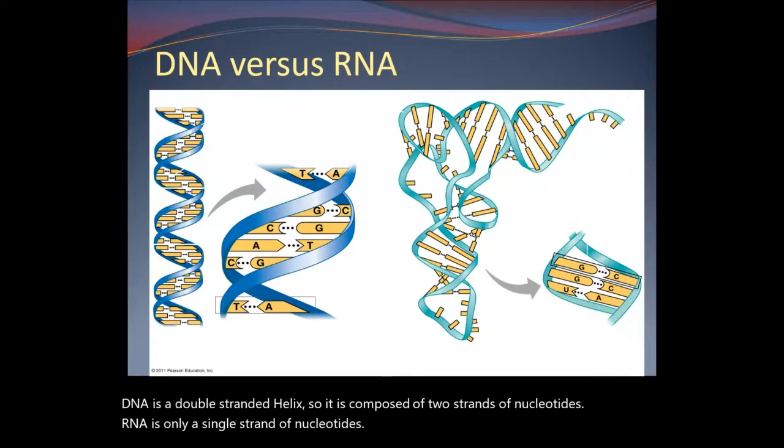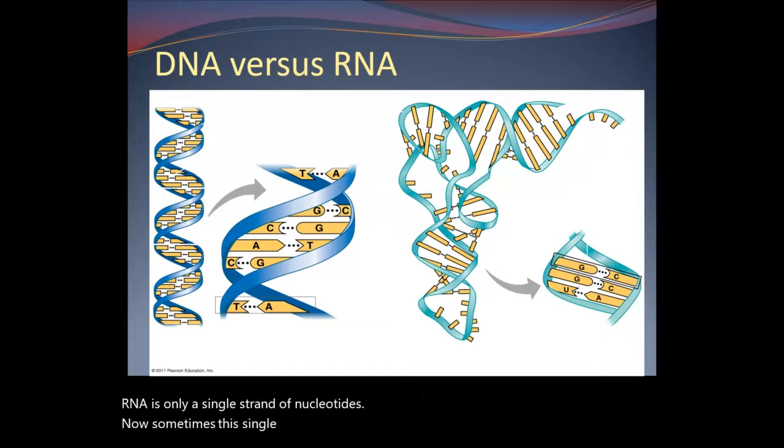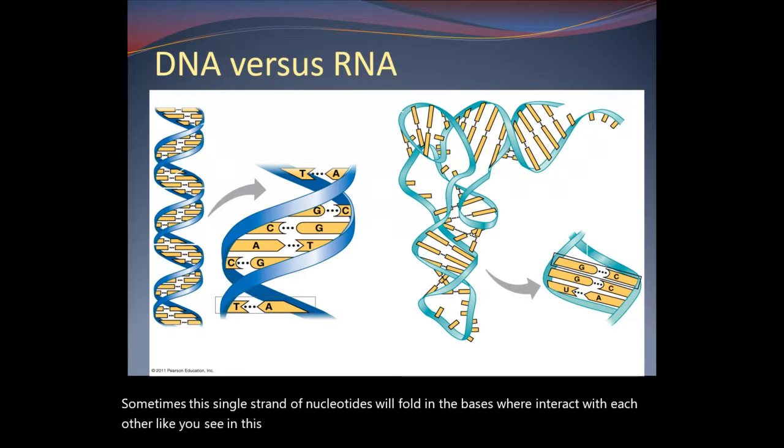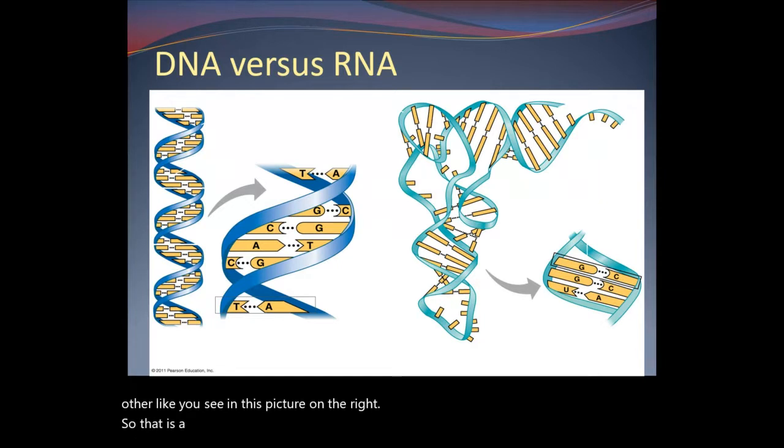Now, sometimes this single strand will fold and the bases will interact with each other, like you see in this picture on the right. So that is a single strand of nucleotides that's kind of folded on itself to form its final 3D shape.